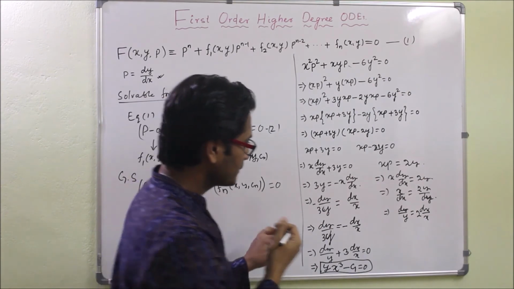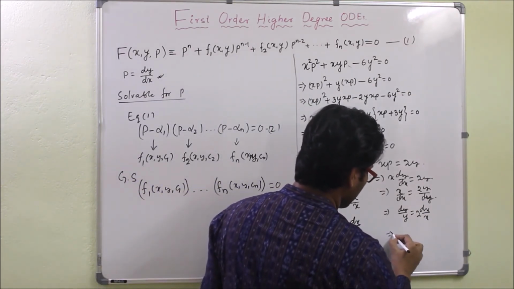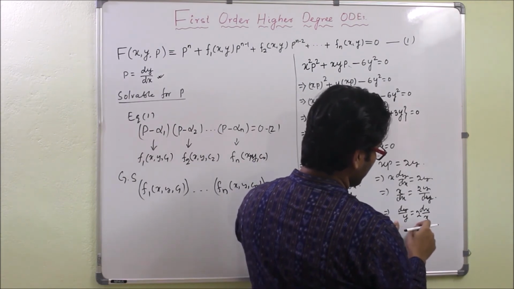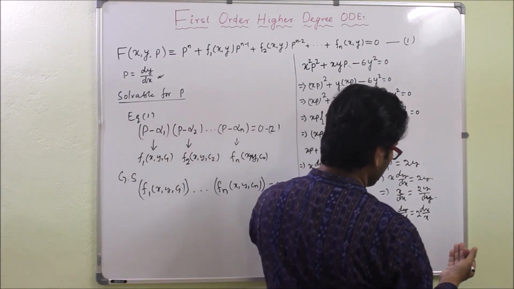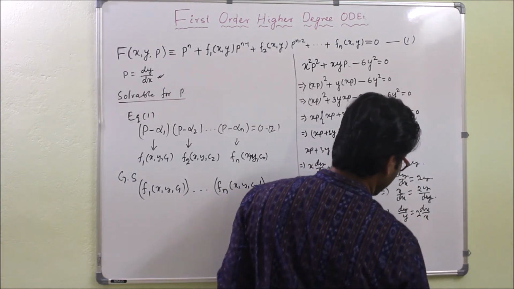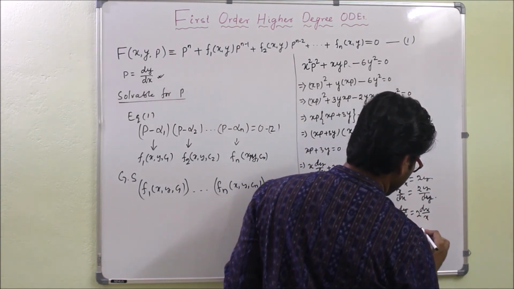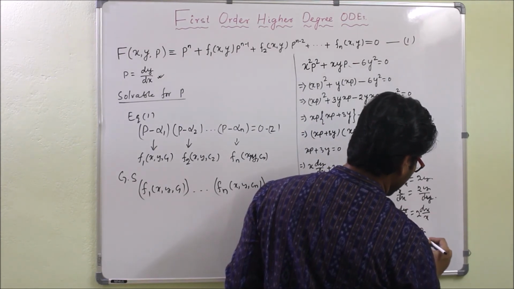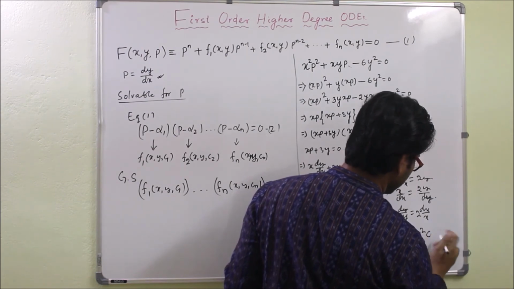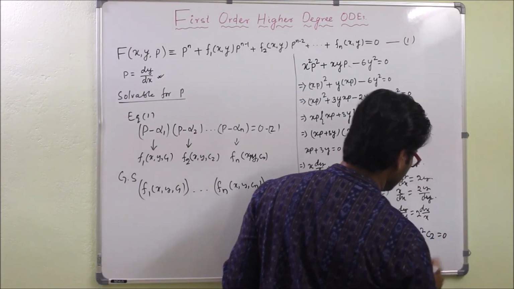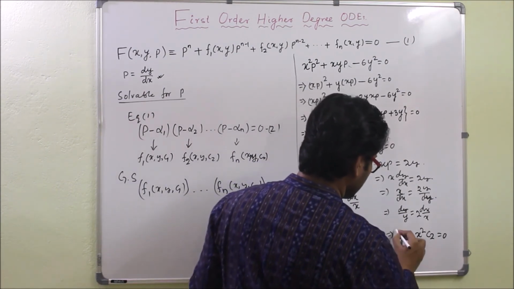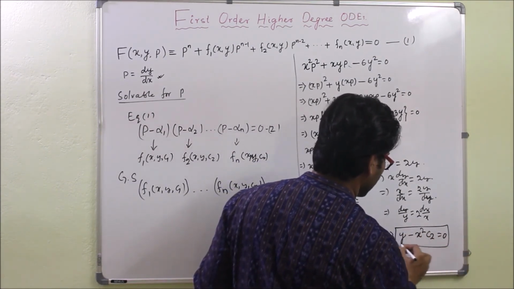So what will happen if I take integration both the sides and solve? So it will be y minus x square, and there will be another constant c2 equal to 0. So here is another factor.